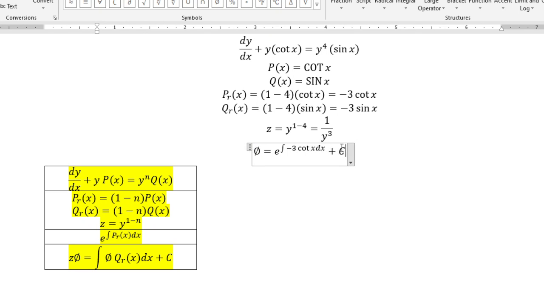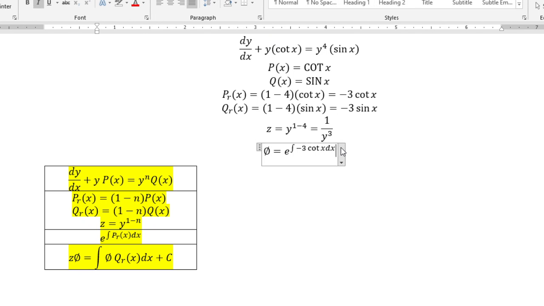Ay, hindi. Wala pang plus c. Is equal to, ano yung integral ng cotangent? Magiging e raised to the integral of negative 3. So, lumabas siya. Multiplied by ang integral ng cotangent.